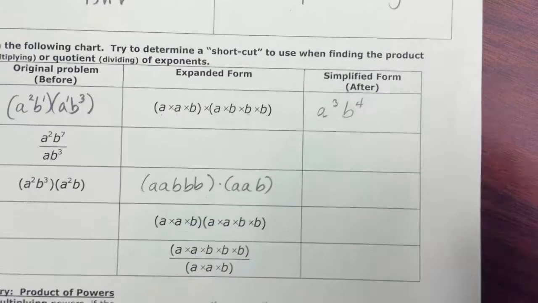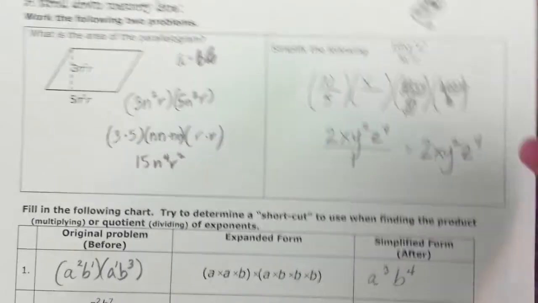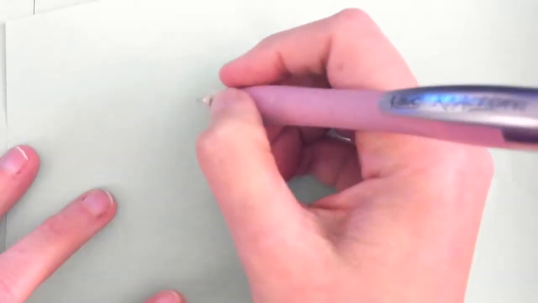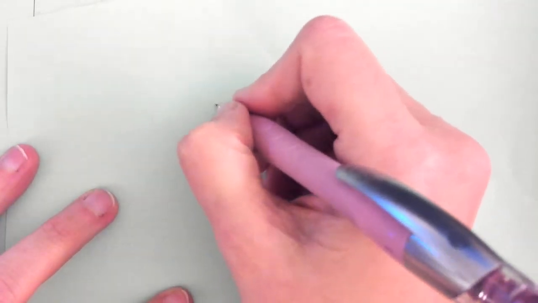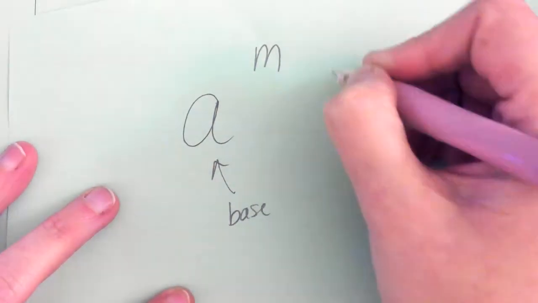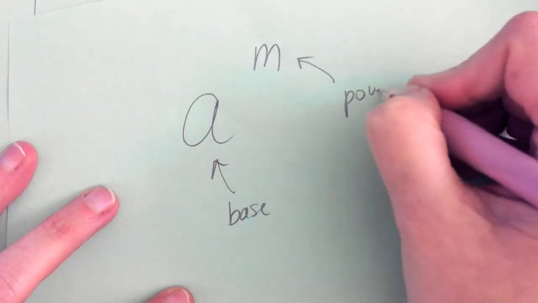Just a real quick reminder, let's take a slight detour. When we talk about exponents and numbers like this, let's remember the parts of an exponent. Let's say we have a to the m. This is my base, and that is my power.